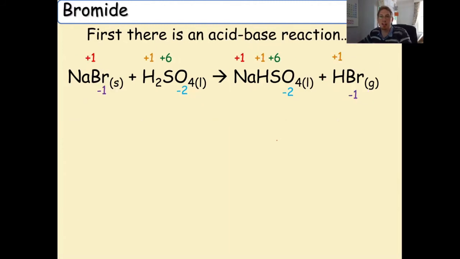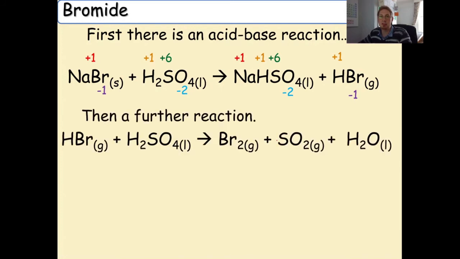For bromide, you get this acid-base reaction, but then it goes further. You remember that you generate sulfur dioxide and you generate bromine, and then you've got to balance this equation. This one isn't too bad. If you've got 2 bromines there, then you must have 2 hydrogen bromides, 1 sulfur there, 1 sulfur there.